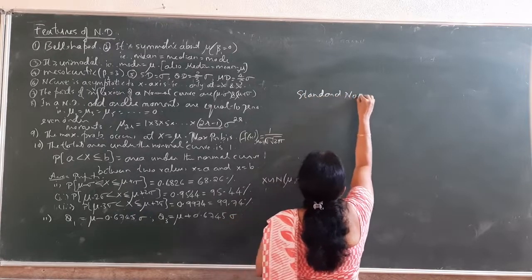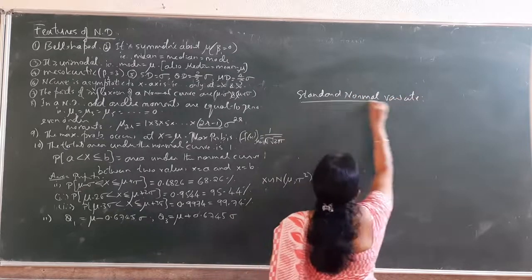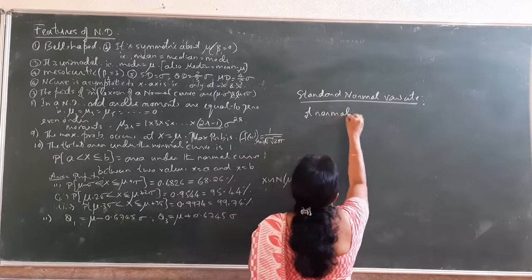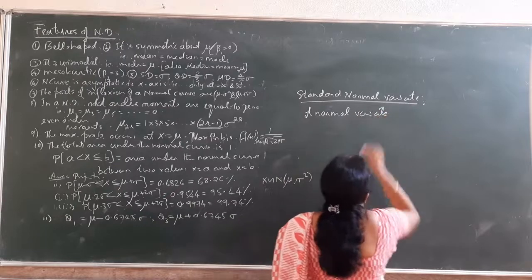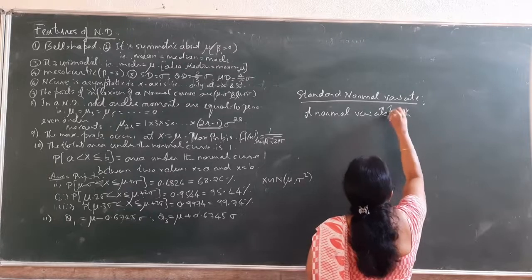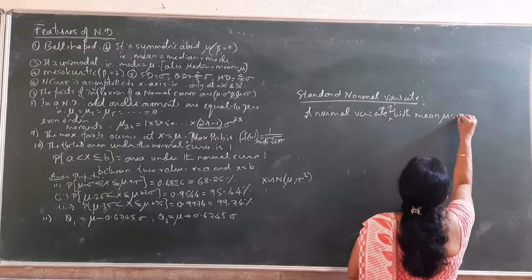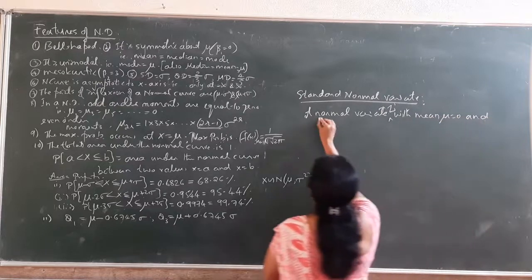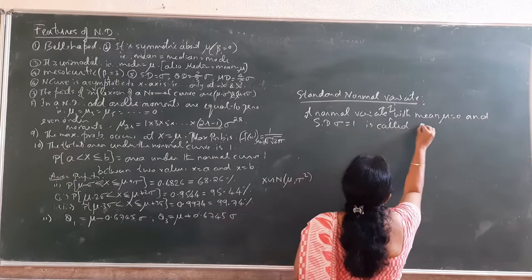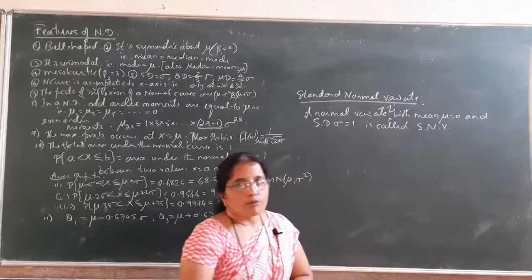Standard normal variate. A normal variate Z, capital letter Z, with mean mu equal to 0 and standard deviation sigma equal to 1 is called standard normal variate.